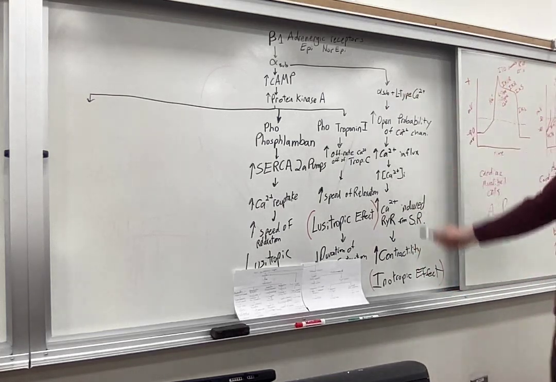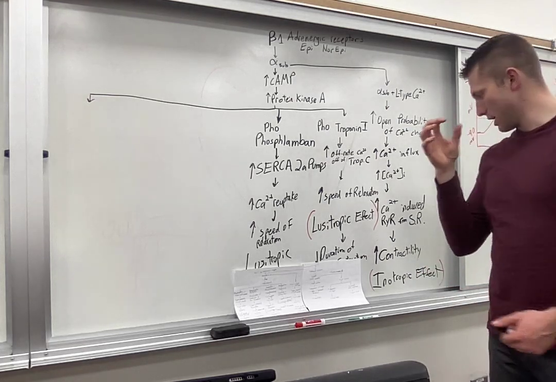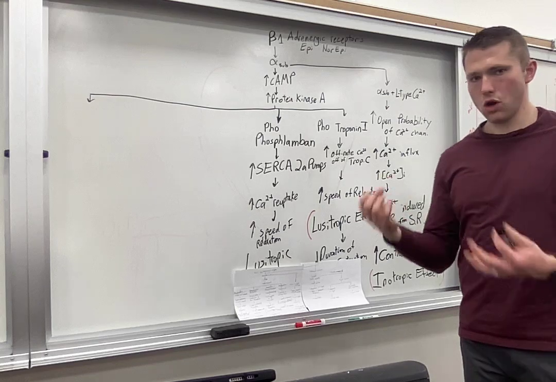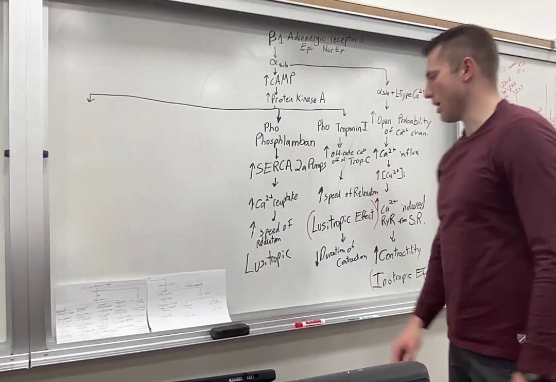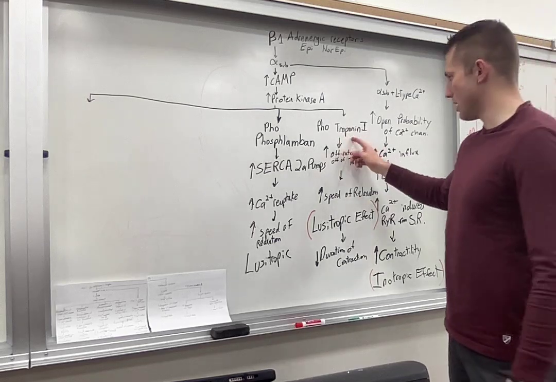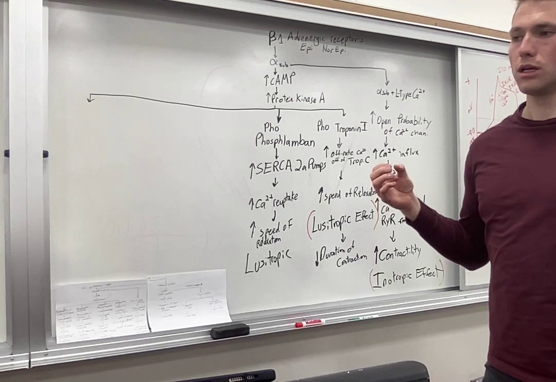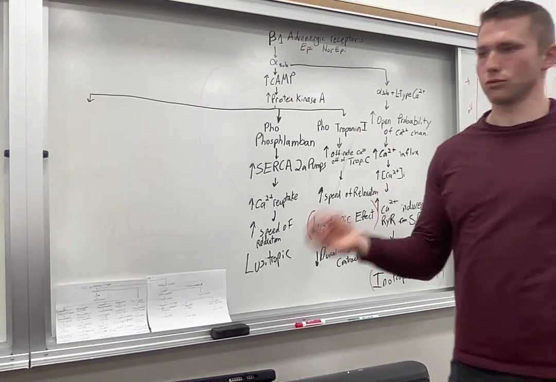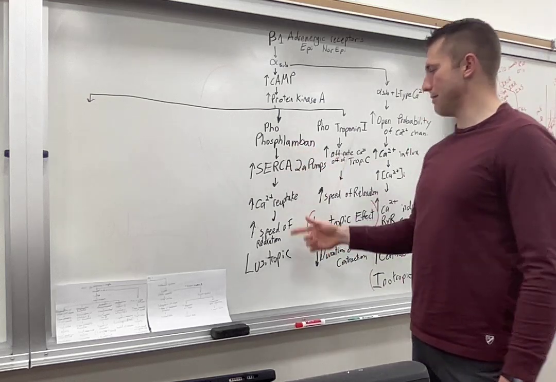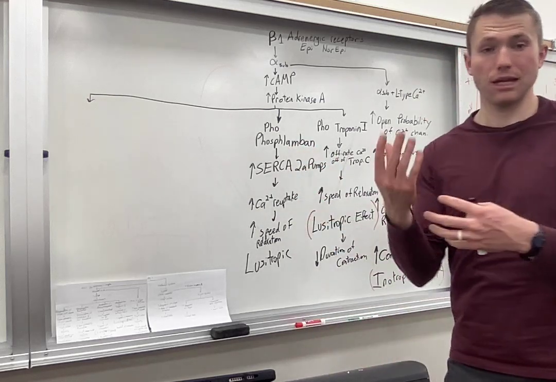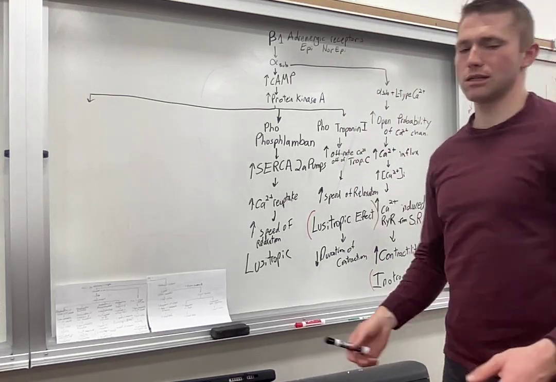This causes more calcium inside the cell, which causes it to contract harder because more calcium is able to bind troponin C. But then this causes troponin I to get cleared of calcium faster. And then this phospholamban causes calcium to be taken up into the cell faster. So it's just speeding up the whole process.